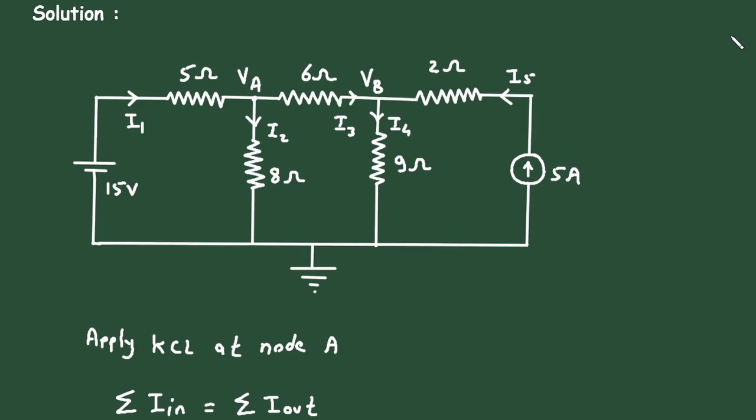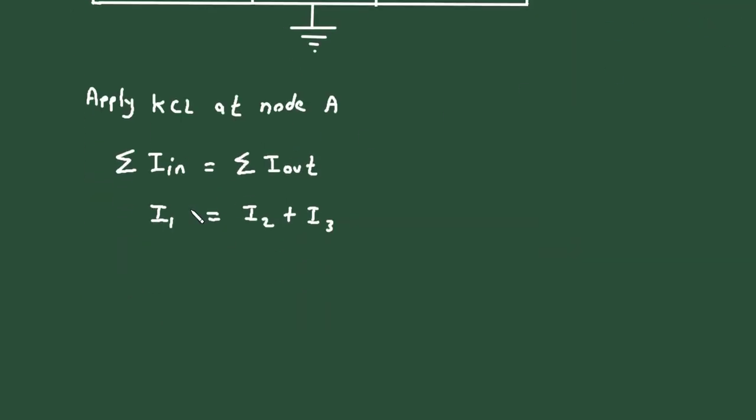Now we can write I1 in voltage form. It will be higher voltage, that is 15 volt, minus lower voltage, so 15 minus VA divided by 5, is equal to I2.